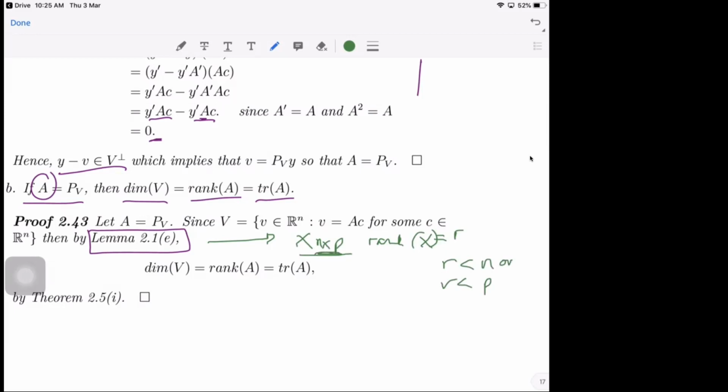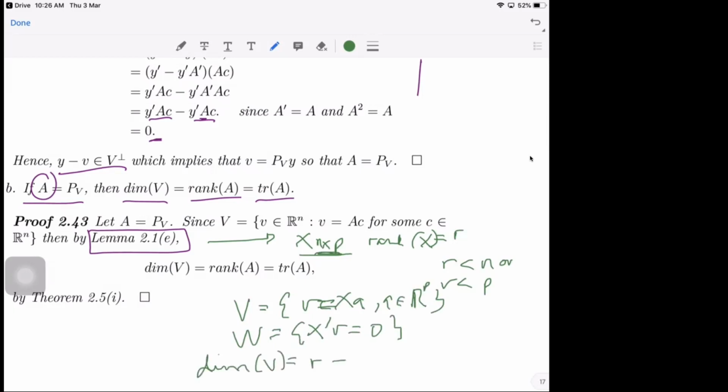And if we define the subspace V with vectors of the form XA, and W with vectors V such that X prime V equals 0, then the dimension of V is R, the rank of X, and the dimension of W is n minus R.